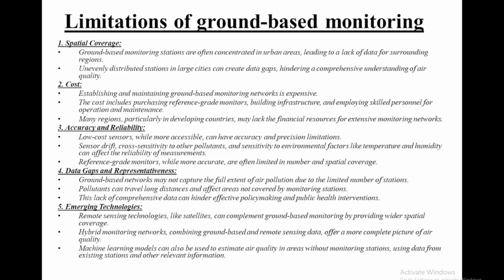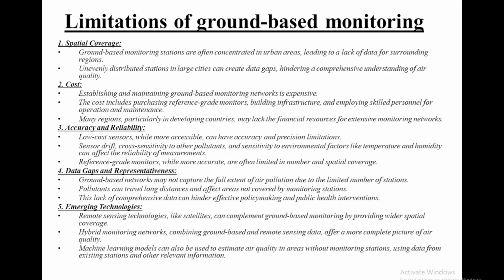For example, certain pollutants like ammonia or mercury are very difficult to monitor routinely without specialized equipment. Instruments may also vary in sensitivity, which affects data consistency across regions. Finally, during emergency events such as wildfires or volcanic eruptions, access to these ground stations may be disrupted.